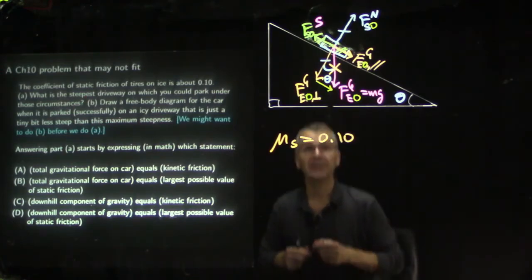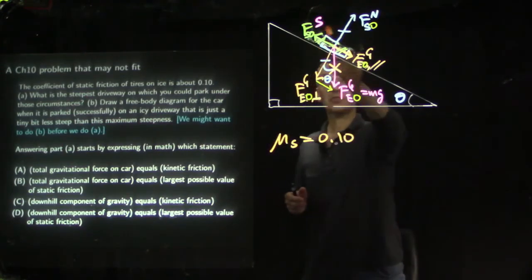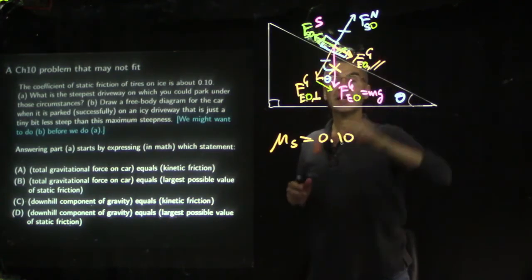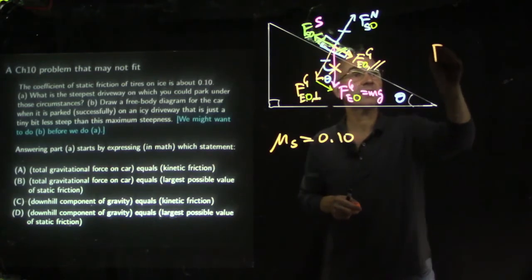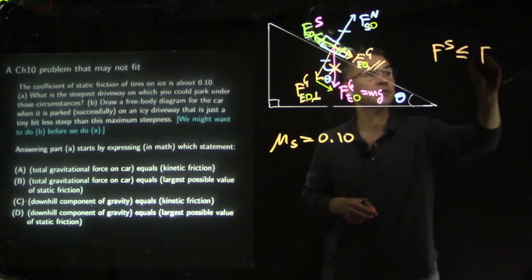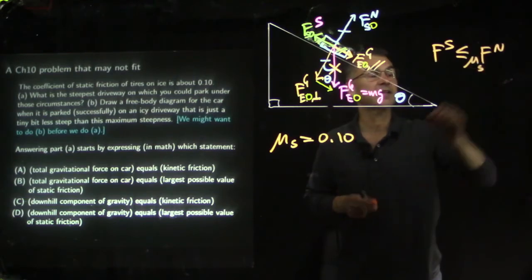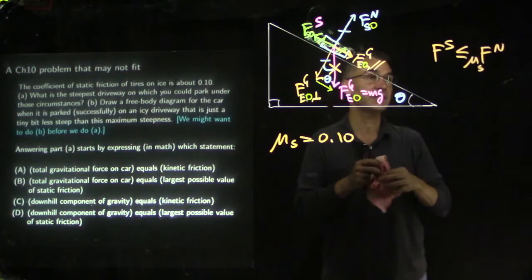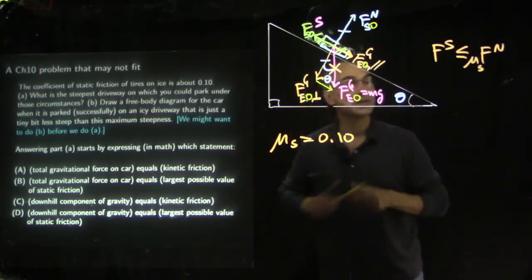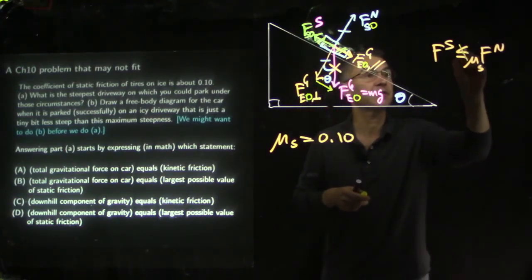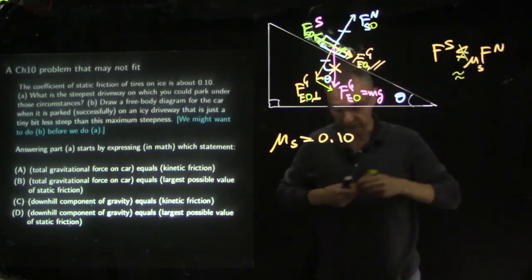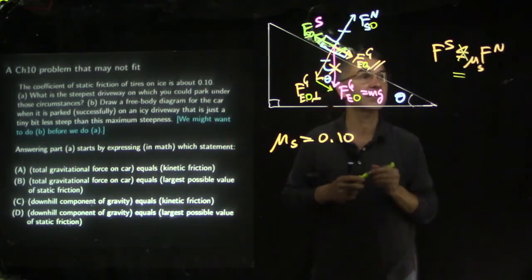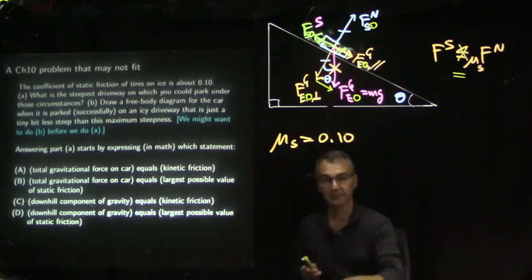So I think we already have that diagram. This is static friction perfectly balancing gravity, and we know that F static is less than or equal to F normal times mu static. But if it's just a tiny bit less, it's essentially equal to the maximum value. So we're approaching that limit, it's equal in that limiting case.